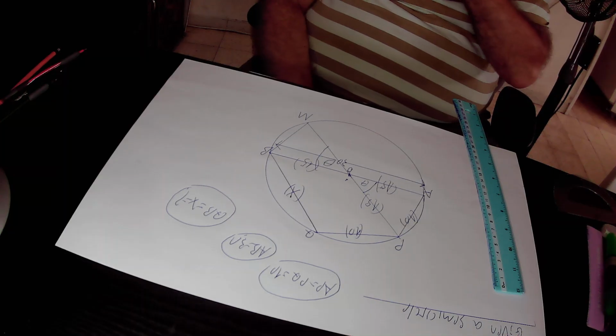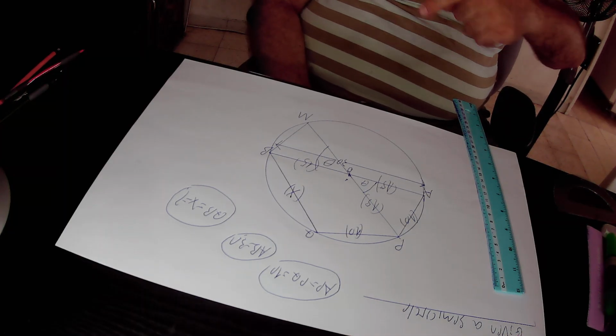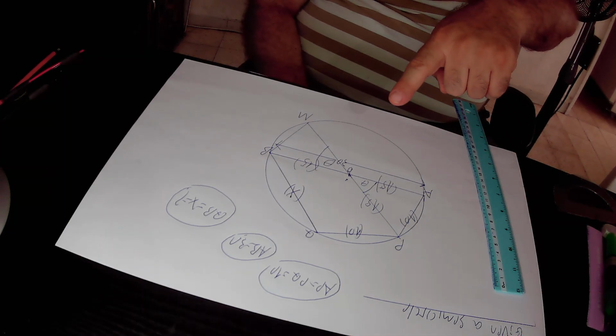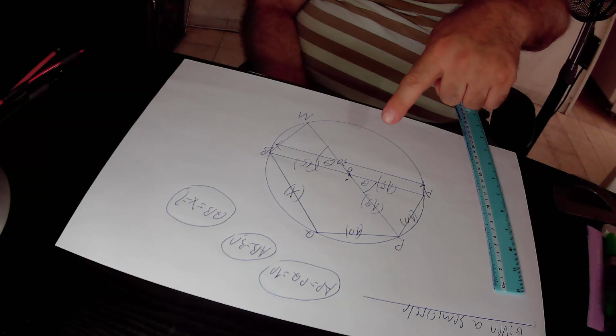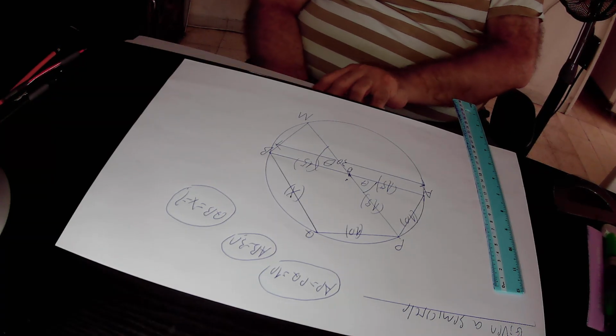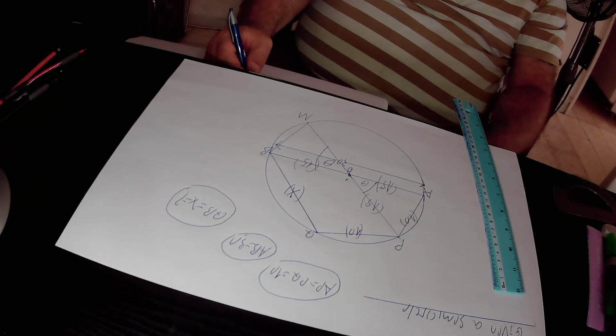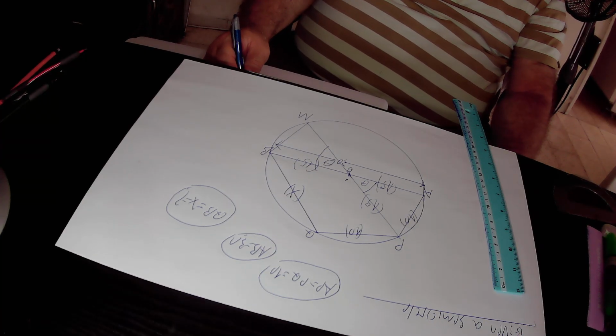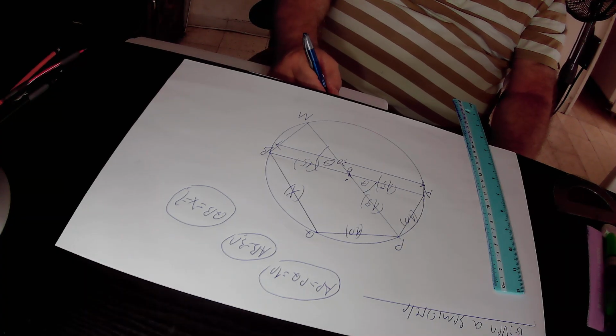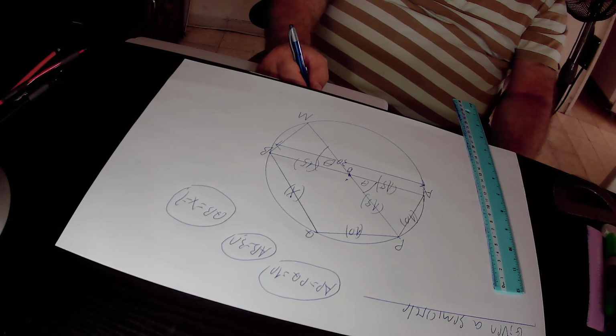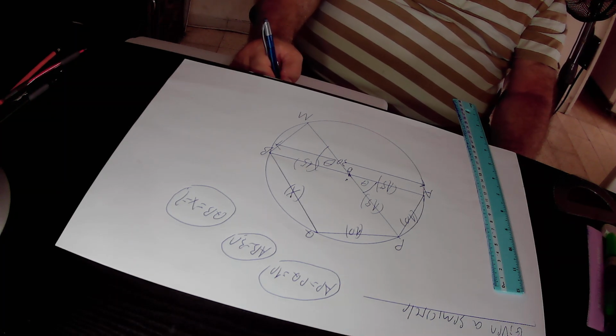In the next step, we will prove that triangle AOP is congruent to triangle MOB.